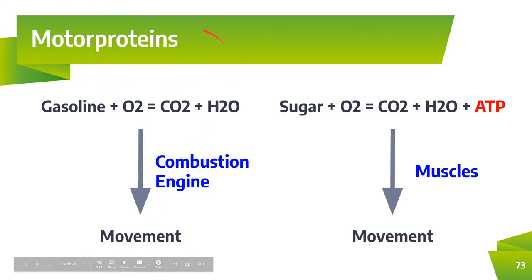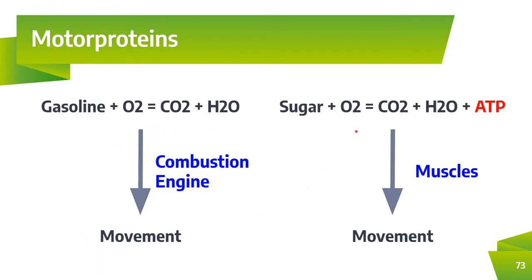Motor proteins, basically like the name says, are like a motor that turns energy into movement. For a motor that would be gasoline, and through combustion this energy gets turned into movement and the car can drive.